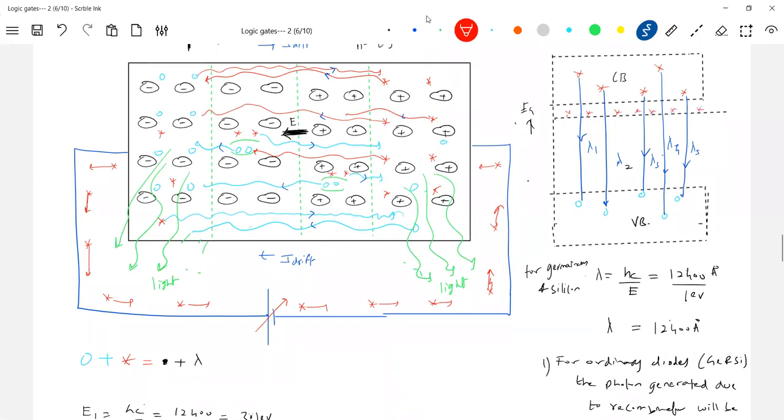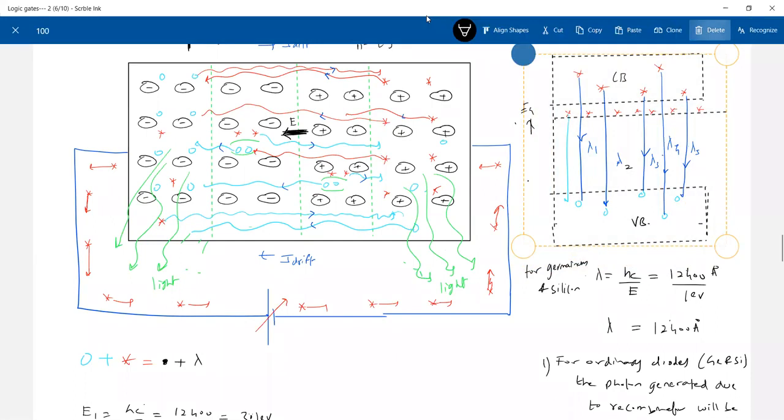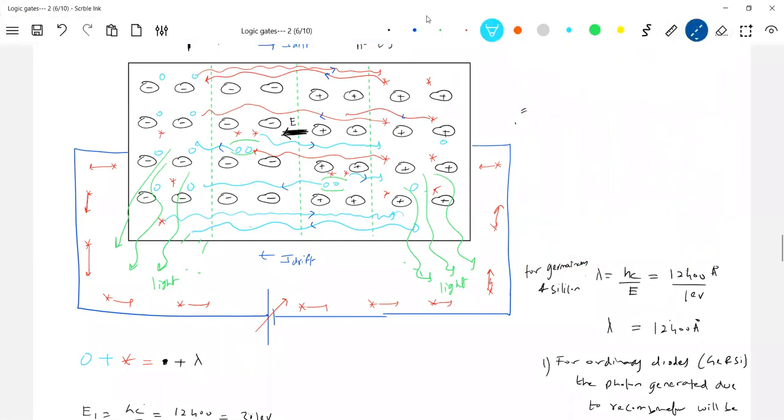I think they'll also come into the picture, no? They'll also start emitting light. I'll give a better diagram. So many arrows. We'll go for only a few arrows. We'll go for a simplified diagram.